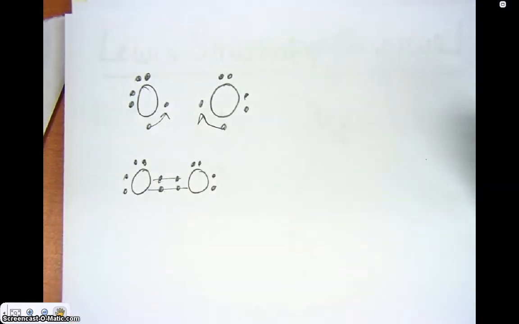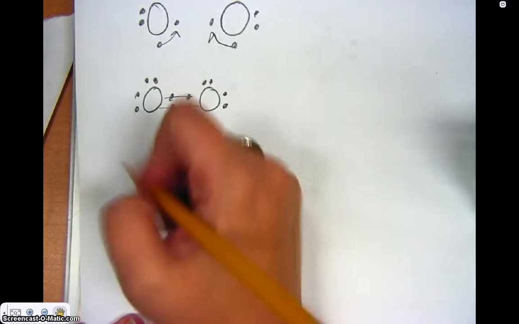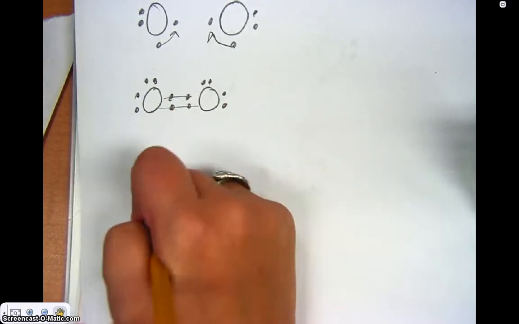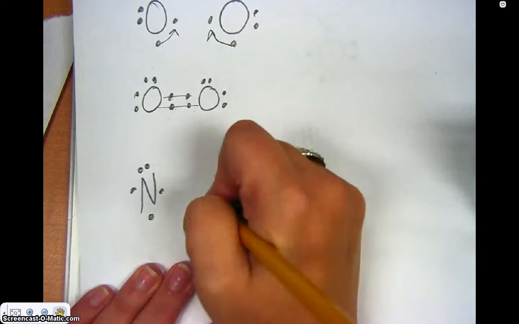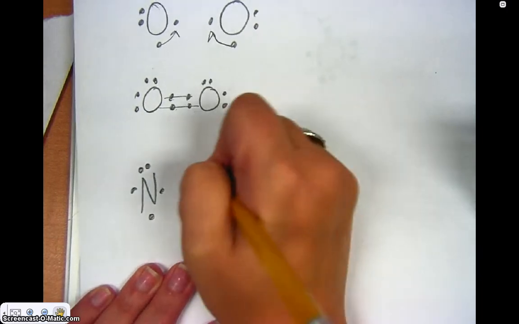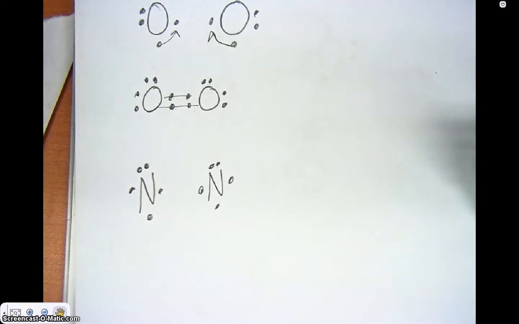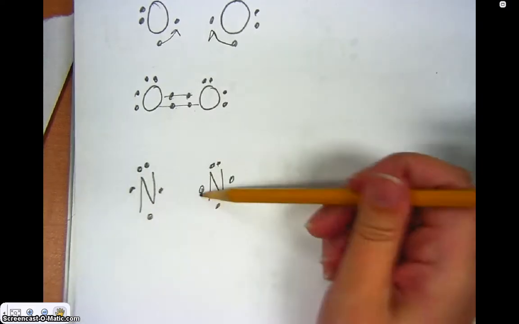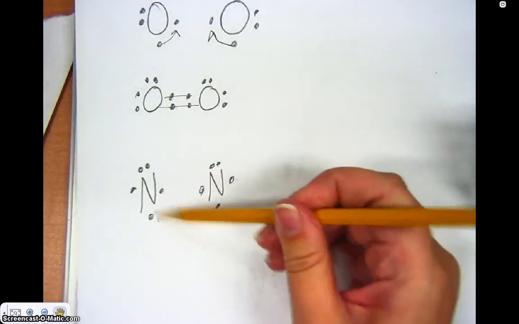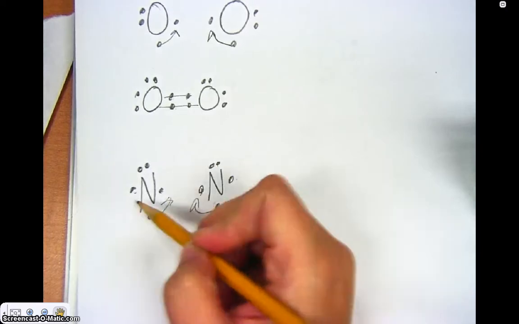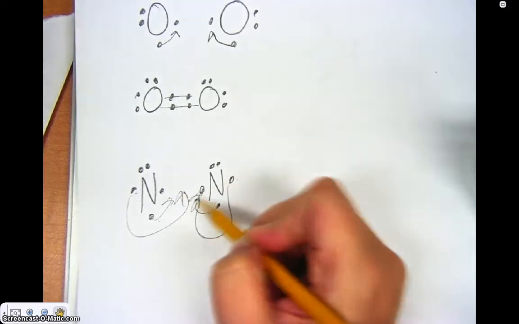All right, let's look at one more. Nitrogen actually forms a triple bond. Nitrogen has 1, 2, 3, 4, 5, and another nitrogen has 1, 2, 3, 4, 5. So you can see that each nitrogen has 3 electrons that need to buddy up. What they will end up doing is all of them buddying up with one another.